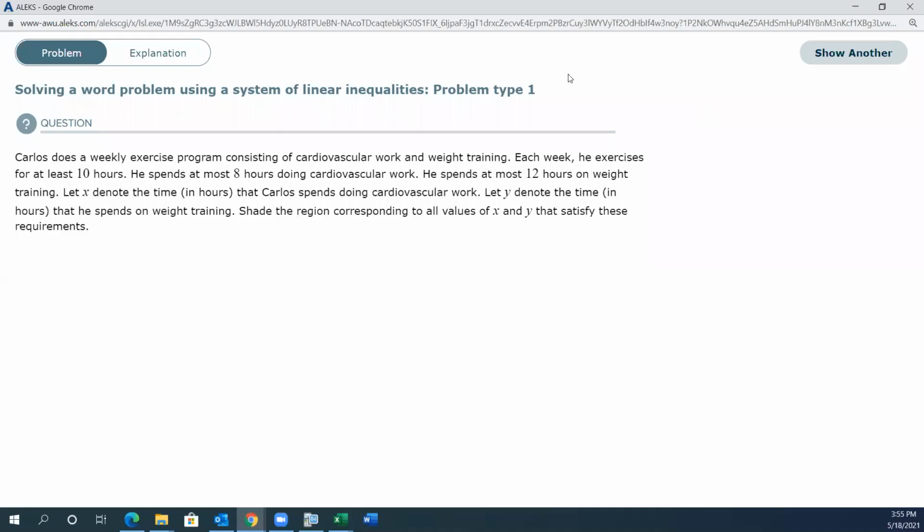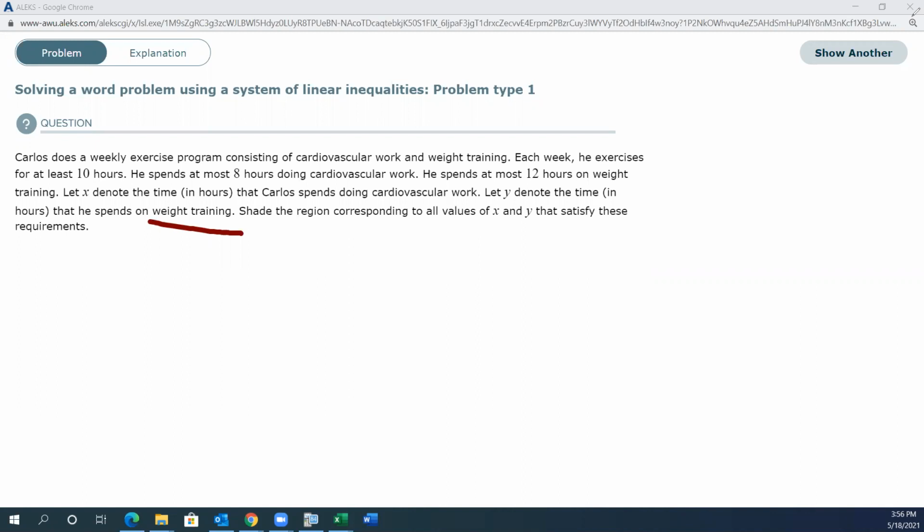All right, pause the recording to read the problem. Okay, so we've got Carlos here, and he's doing all kinds of exercise. And he's doing, well, more specifically, two kinds of exercise. Okay, so Y is going to be weight training time. How many hours a week he's weight training.